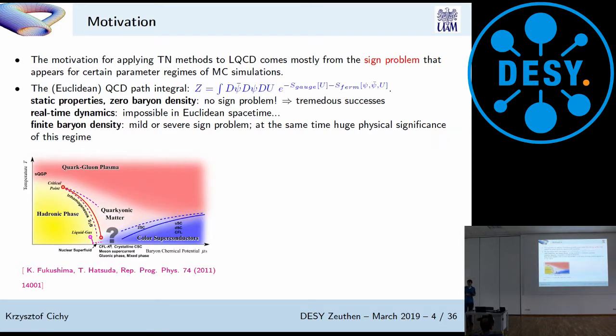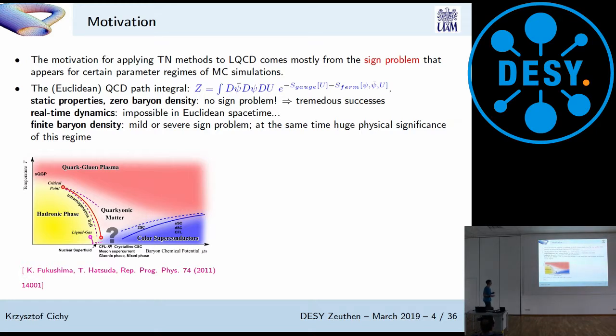We would like to explore the QCD phase diagram from first principles, and right now, using Monte Carlo simulations, one cannot do too much. So one can nicely probe this region here at 0 baryon density. It has been established beyond doubt that there is a crossover from this hadronic phase to the quark-gluon plasma phase.